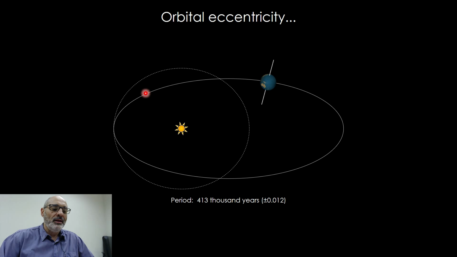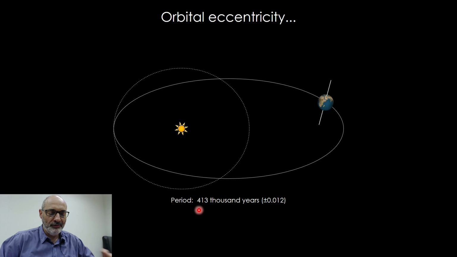Earth's orbit varies from a flat ellipse here, and in periods of 400,000 years, it goes from a very flat ellipse to a more circular ellipse like this.